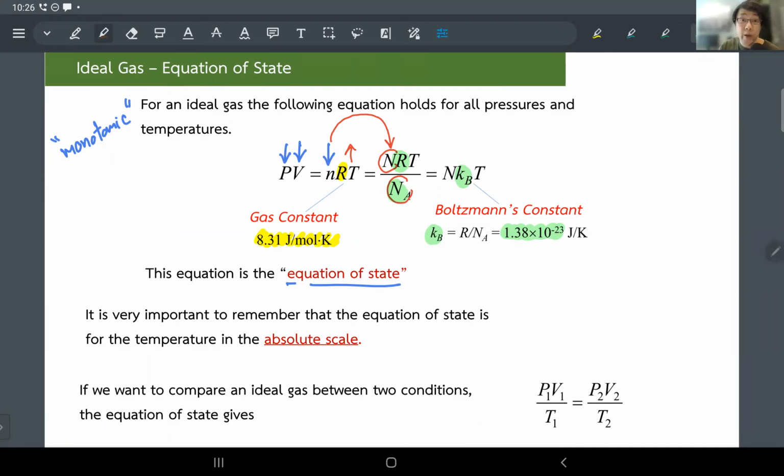This is a pure equation, so you don't just look at the change in temperature. You want the value of the temperature. So the temperature in this equation has to be in an absolute scale all the time. You cannot plug in the temperature in Celsius, in Fahrenheit, or whatever scale. It has to be an absolute scale.